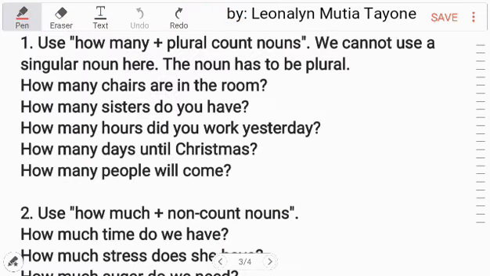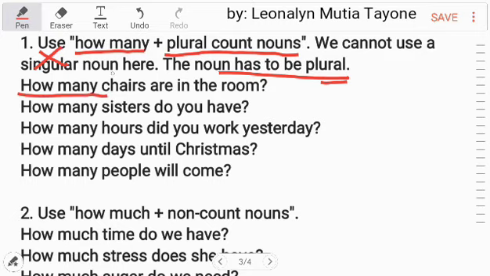Now we are ready to look at the difference between how many and how much. Use how many plus with the plural count nouns. We cannot use a singular noun here. But of course, we can use singular nouns when we answer these questions. The noun has to be plural.